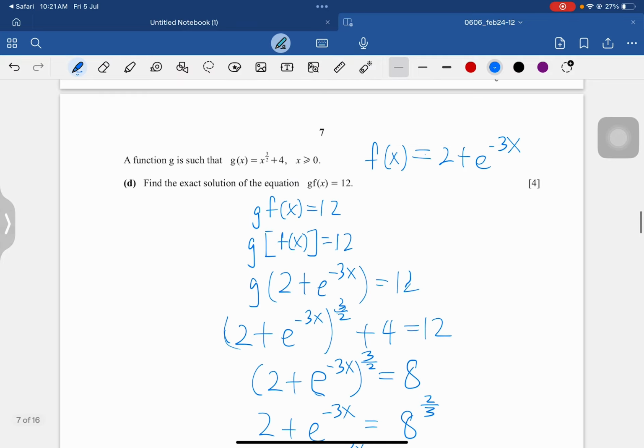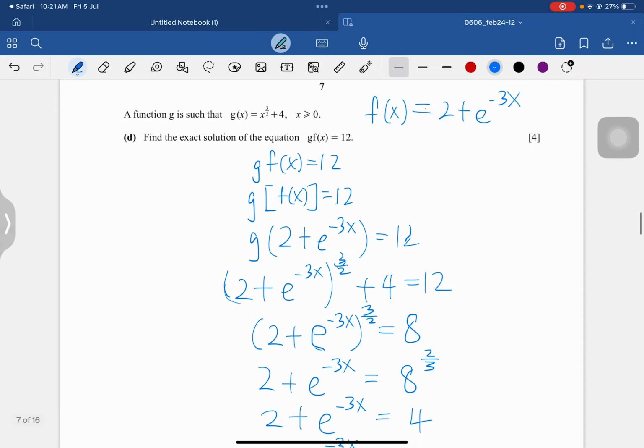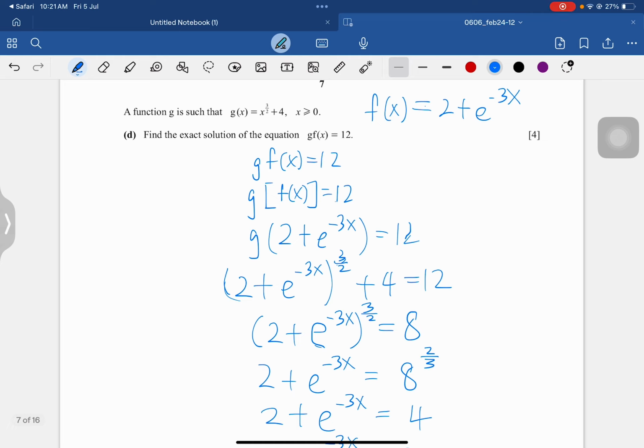Wait, let me double check. It actually mentioned your x must be more than or equal to 0. Let me have a look, quick one. 2 plus e to the 3x, 12. Plus 4, 8. Yeah, nothing wrong.